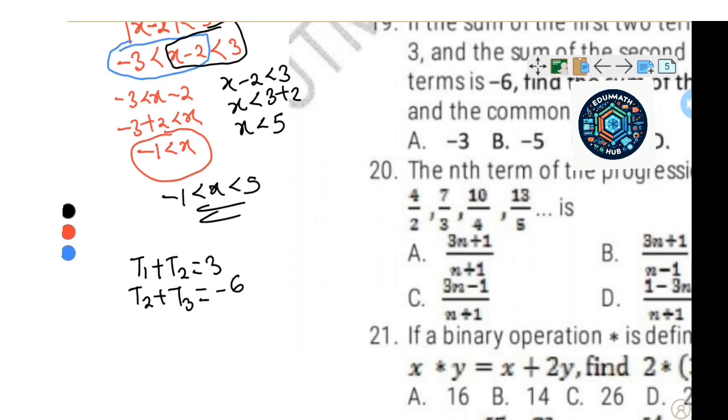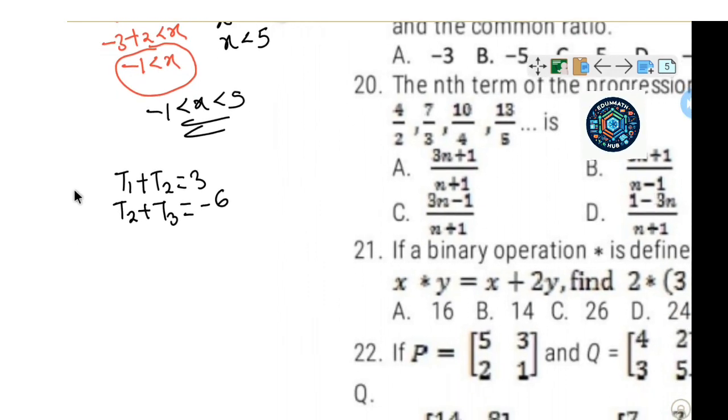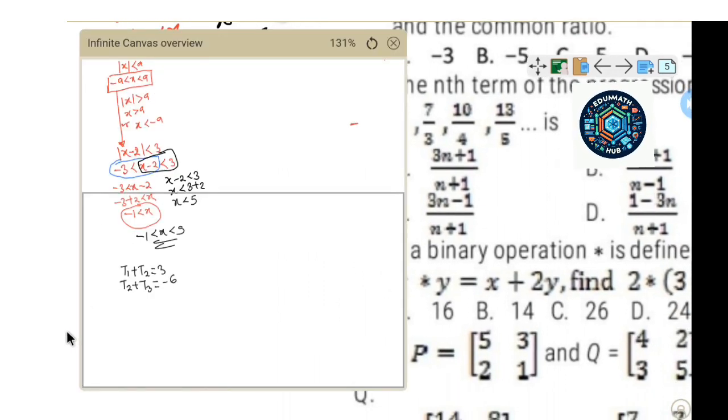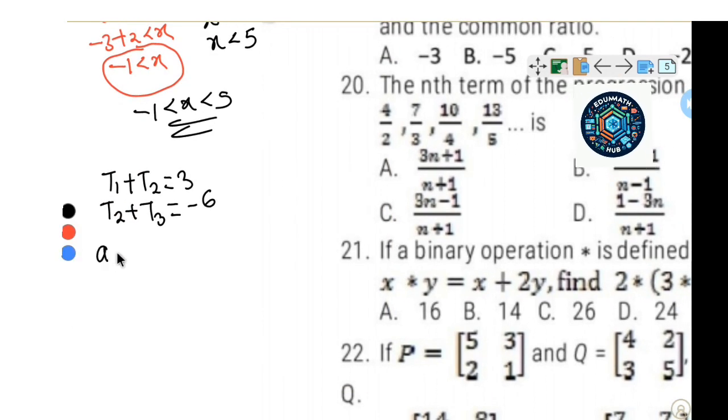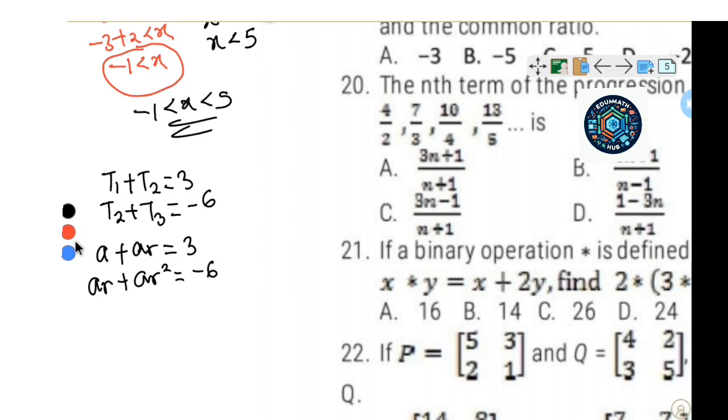Don't forget, the first term of a GP is A. So you have A, that's T1, plus the second term of a GP, AR, equals 3. Then T2, which is AR, plus the third term of a GP, AR squared, gives you minus 6. So you have two equations. This is equation 1, this is equation 2. So you can easily solve them.